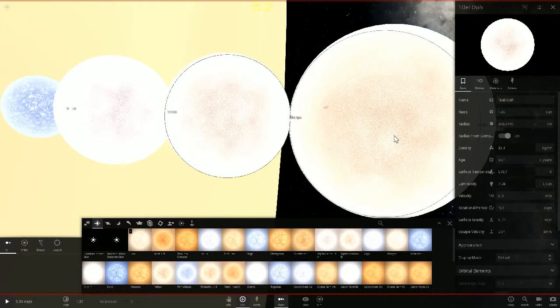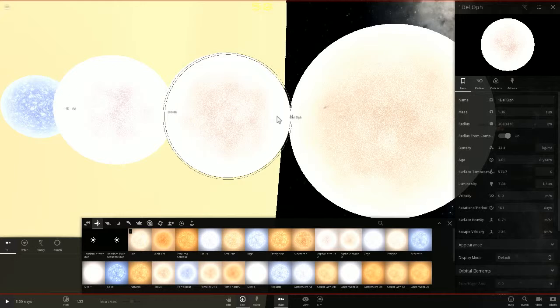1 Del Oph is a sun-like star, only slightly bigger than the sun in mass. It's nearly half a percent bigger than the sun. And it's surrounded by no planets, but it's a very bright star.